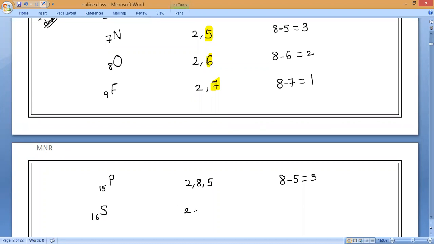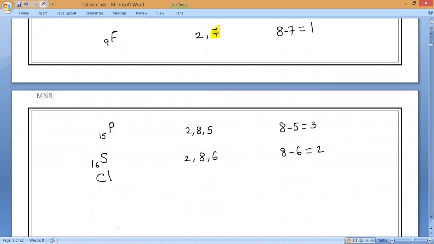So 2, 8, 6. So what is the valency? 8 minus 6, 2. Next, chlorine. Atomic number 17, so 2, 8, 7. So 8 minus 7 equals 1. So that is how it is for non-metals.